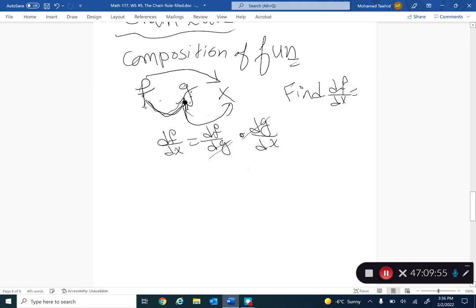And look, f is a function in g, so it's easy to take the derivative of f with respect to g. Your g is a function in x, so it's easy to take the derivative of g with respect to x. And then if I multiply those together, you are able to take the derivative df by dx, and that is the reason we call it a chain rule. Like a chain, I have to go to g first and from g to x. So look what you have. It looks like a chain here, right?